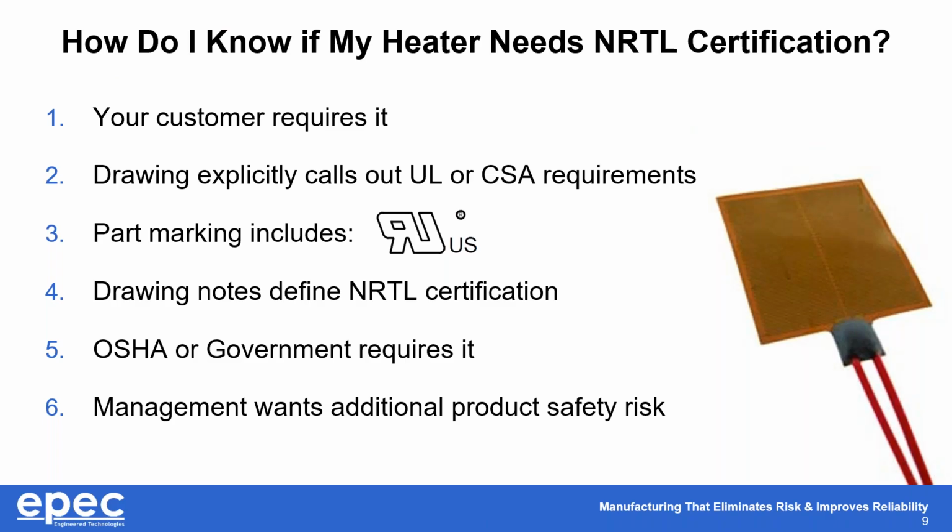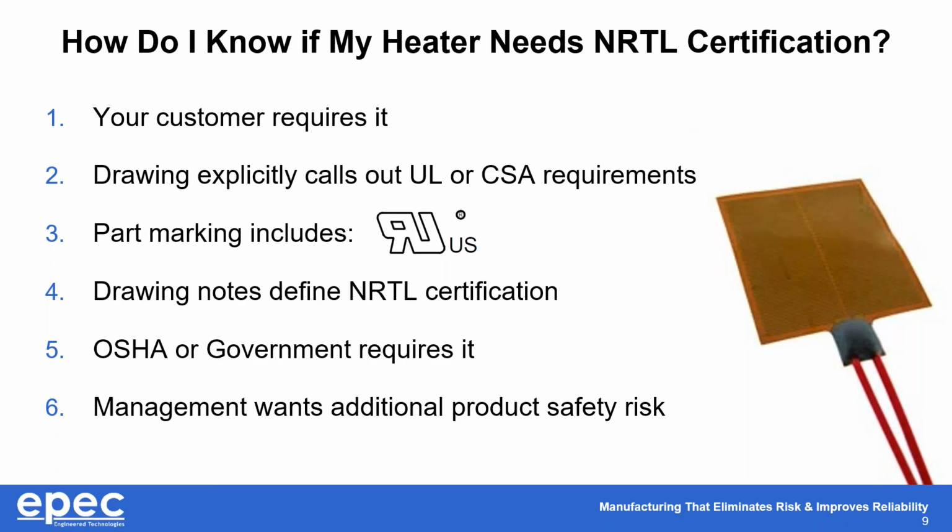There's many situations where they themselves don't necessarily know, and it may actually be driven by some higher up entity like OSHA or the actual government of wherever you're trying to sell this. Ultimately, whatever drawing that Epec is using to create this documentation and create our design, there should be an explicit UL or CSA requirement noted with a specific section.